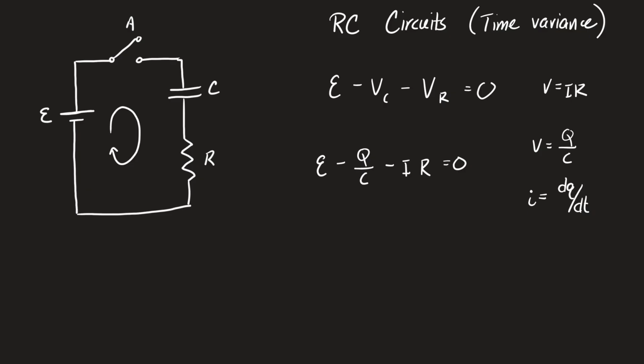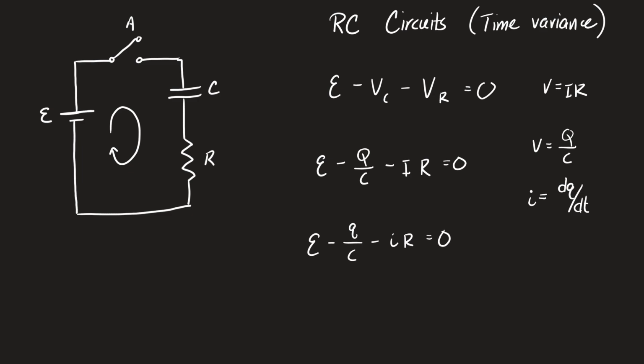So we use a lowercase q to describe the charge as it fills the capacitor. And we'll also use a lowercase i to describe the current in the wire as the capacitor becomes full. So I'm going to rewrite this as lowercase q over C minus lowercase i R.